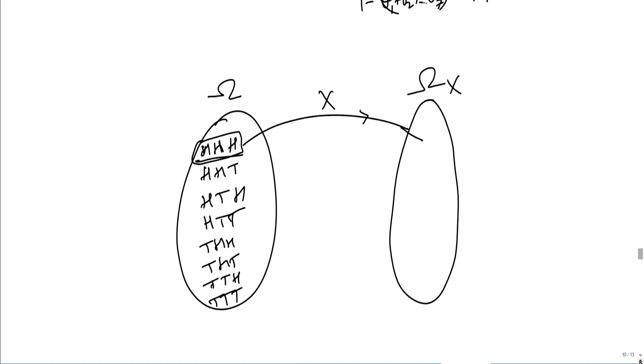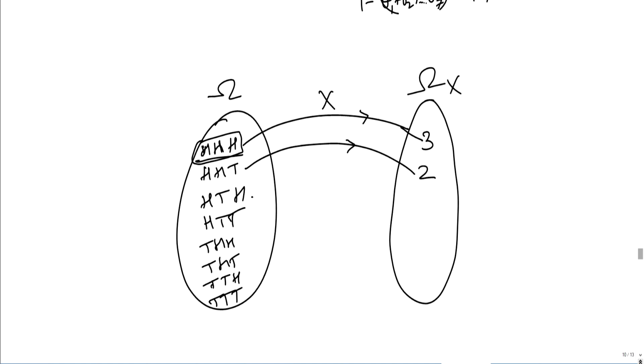So, how many heads does HHH have? 3. So, this function will give you an output 3. Then it takes HHT and it would give you an output 2 because there are 2 heads.